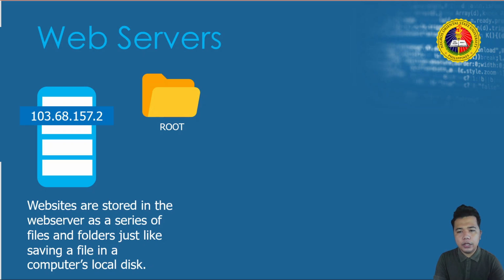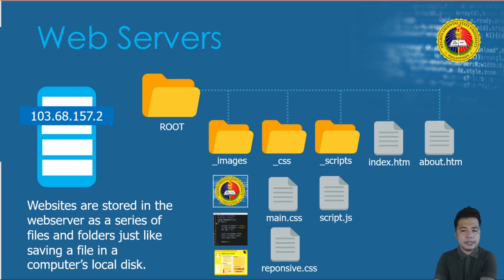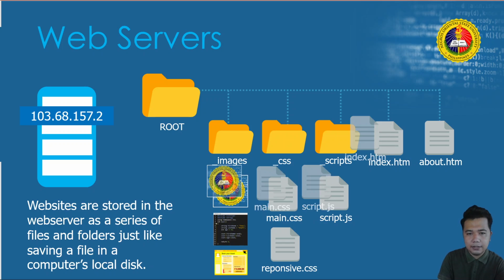Now, websites are stored in the web server as a series of files and folders, just like saving a file in a computer's local disk, right? So from the moment a request is made, the web server pulls out and translates the contents included in the request.